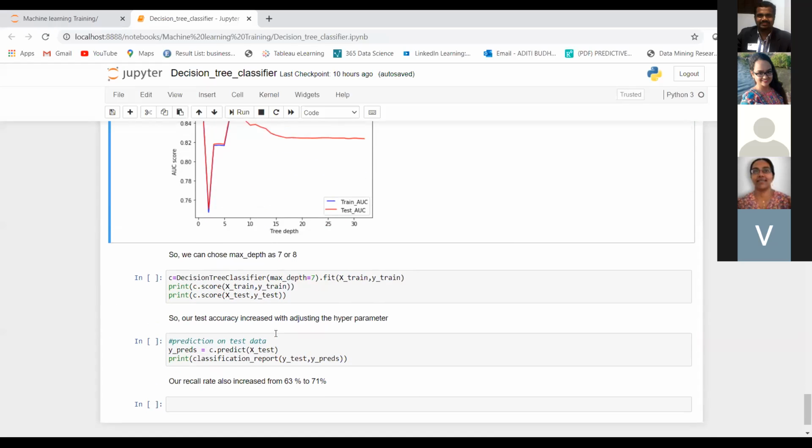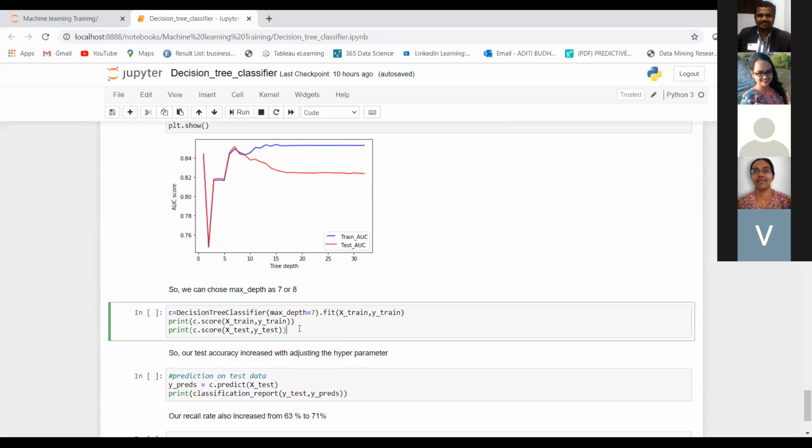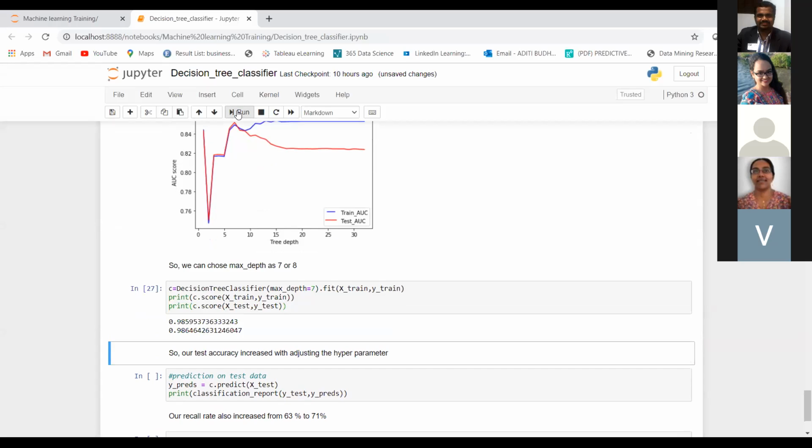Now here you will see that I am creating my model again, but this time I'm specifying the maximum depth parameter over here as 7. I will run this and you will see that I have got some improvement in my score compared to the last one.